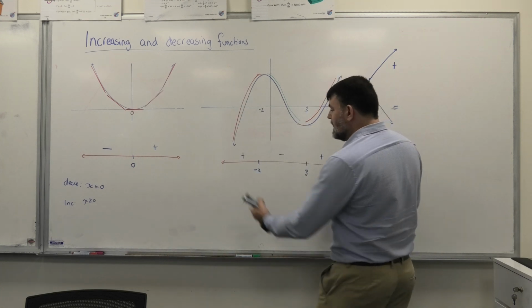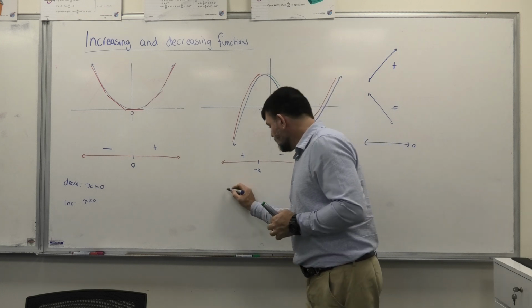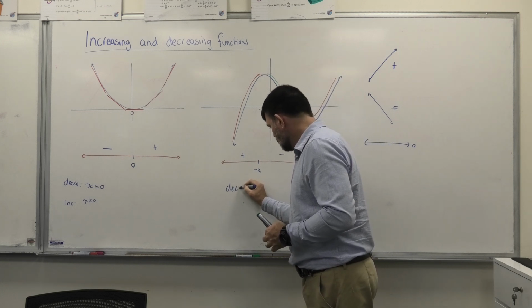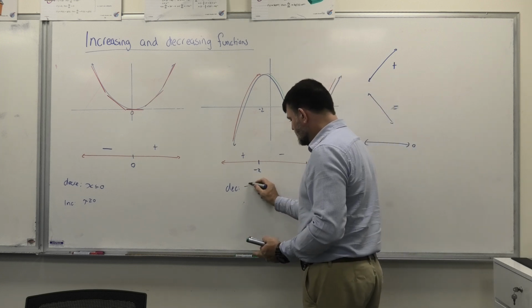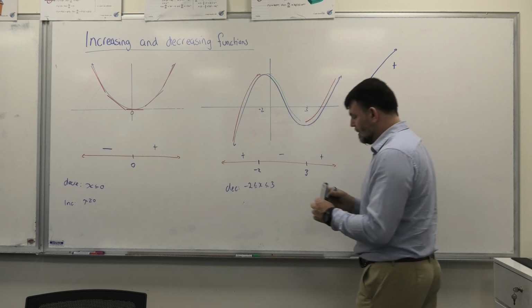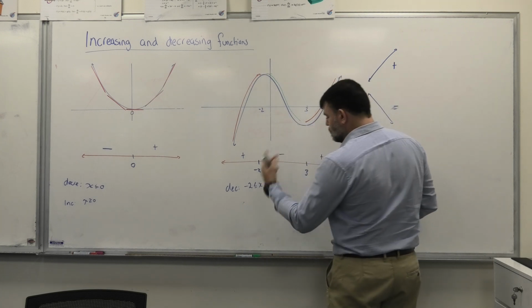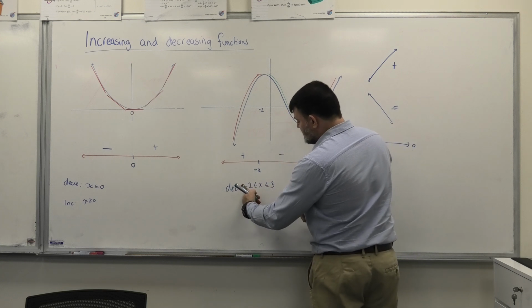So down the bottom here, let's do the decreasing first. Because we've got between two values, what we write here is -2 is less than or equal to x, which is less than or equal to 3. So remember when we're doing interval notation, when it's between, we have less than or equal to.